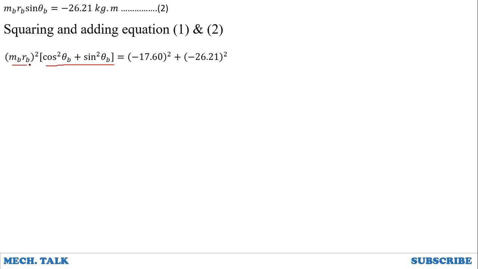So mb rb is equal to the square root of this. So we will get mb rb equal to 31.5 kg meter. Now we already have the value of rb, which is 0.35 meter, and by this we will find the value of the balance mass, which is equal to 90.2 kg.